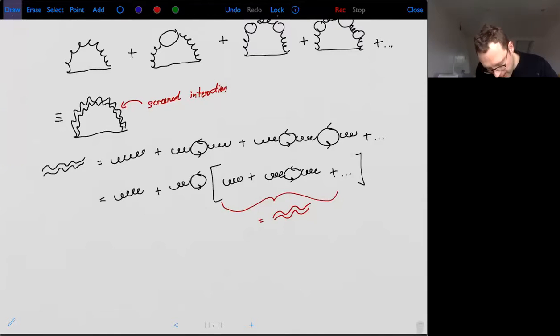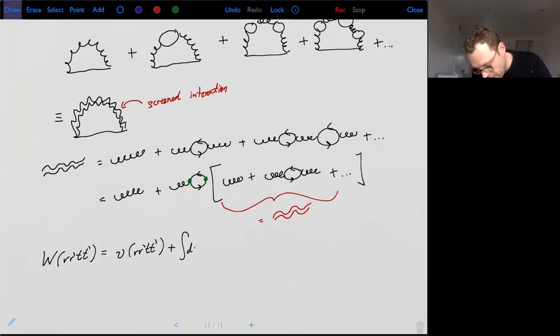Basically, I can write now this diagrammatic expression again as an algebraic equation. So my screened interaction is given by the bare interaction plus, again, I have to draw my intermediate points, right, like this, and integrate over them.